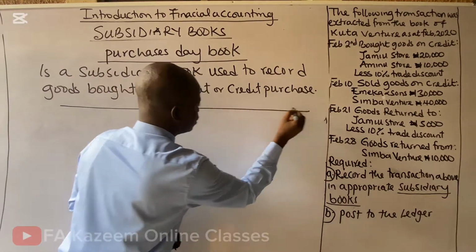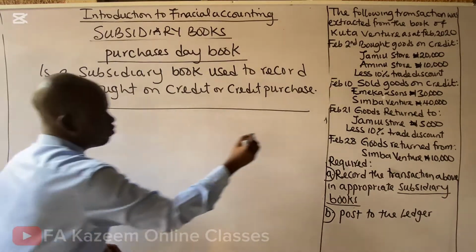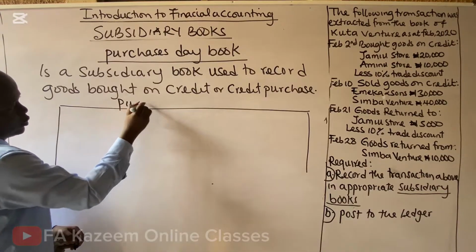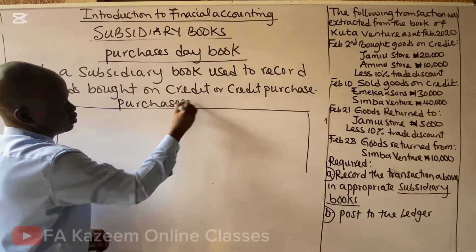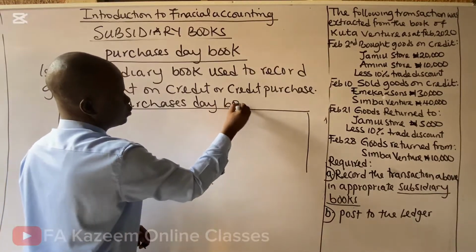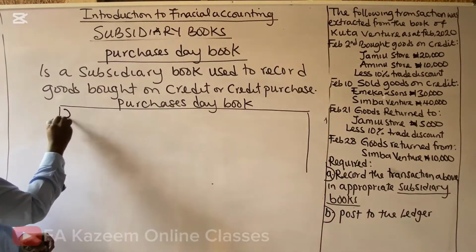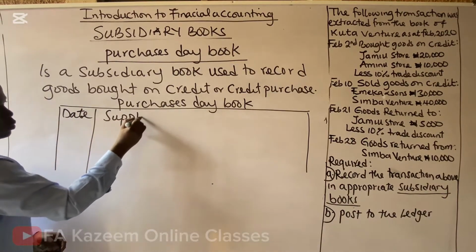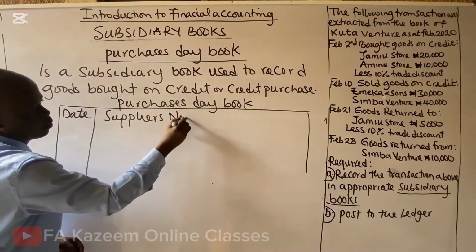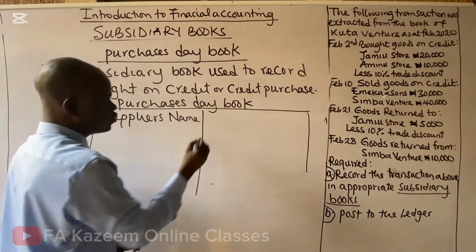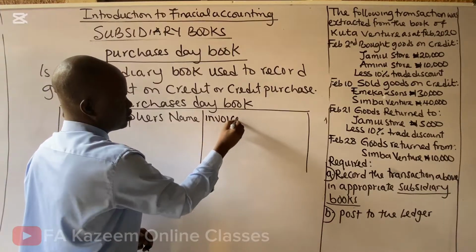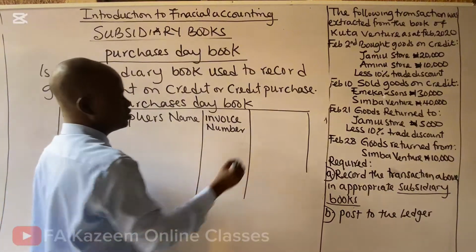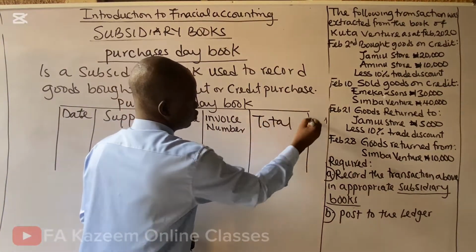And the format of the purchases day book: we have the date of the transactions, we have the supplier's name, the source document, we call it the invoice number on the source document, and we have a total.